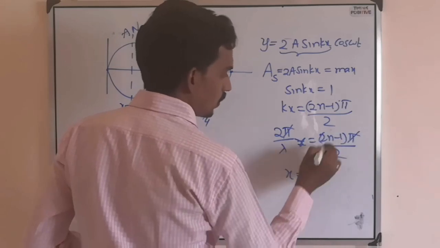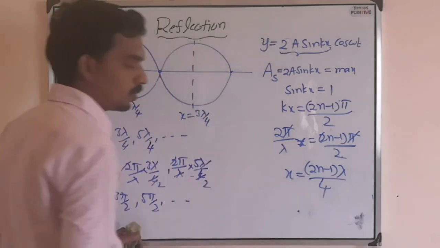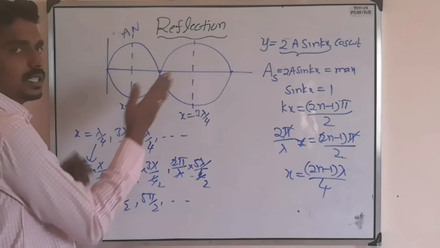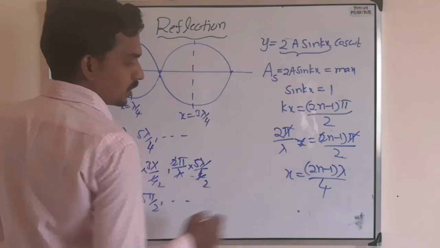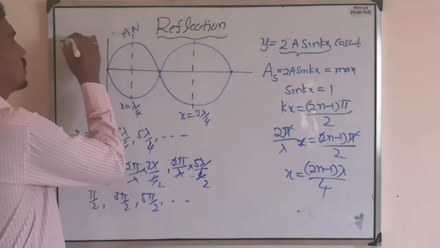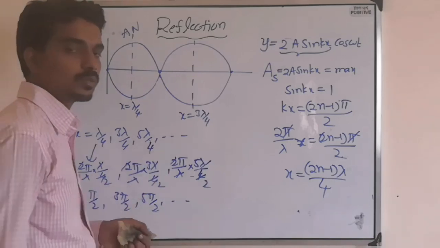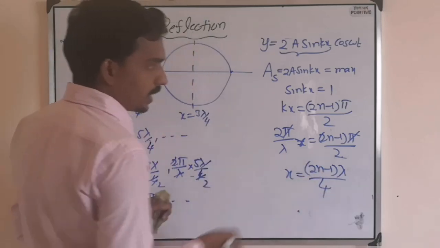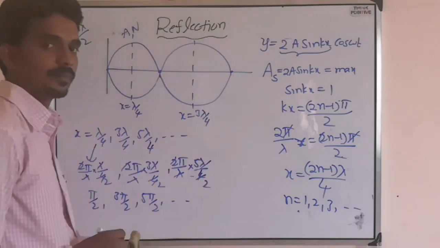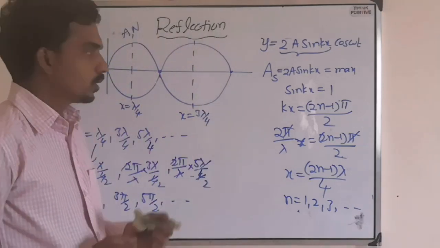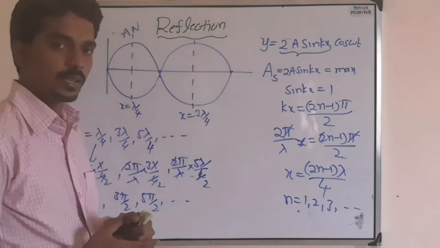Pi cancels, so x equal to 2n minus 1 into lambda by 4. So these are the positions of antinodes in a stationary wave from the starting. The nodes condition was x equal to n lambda by 2, where n equal to 0, 1, 2, 3 and so on. Here antinodes are at 2n minus 1 lambda by 4, where n equal to 1, 2, 3 and so on. This way you can find the position of any nth node or nth antinode.